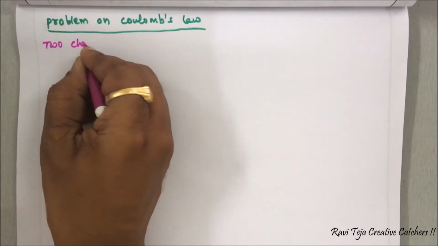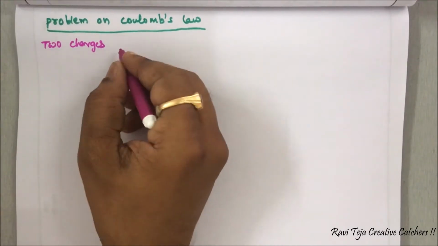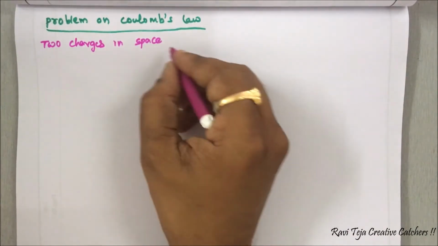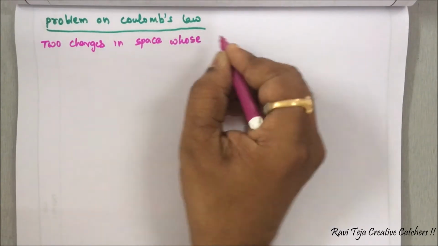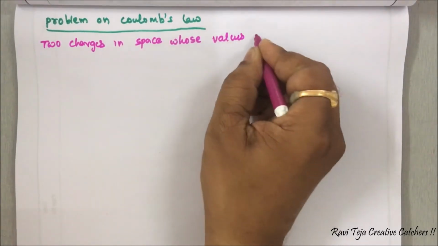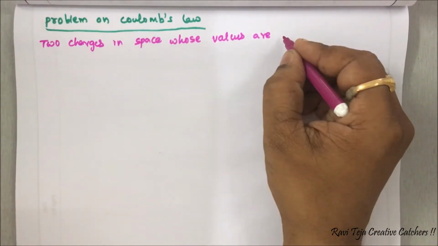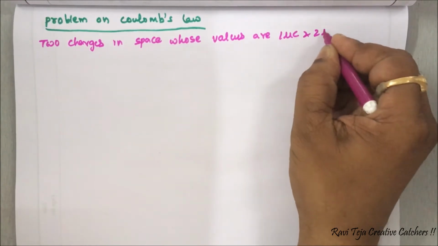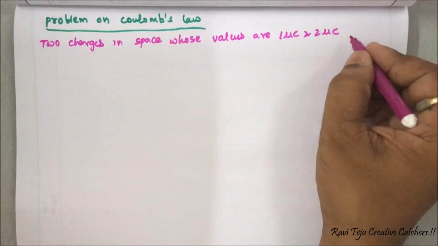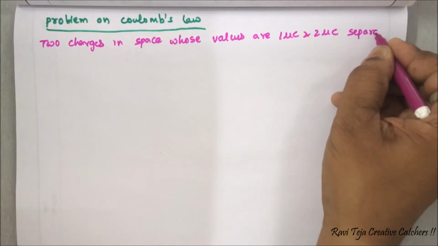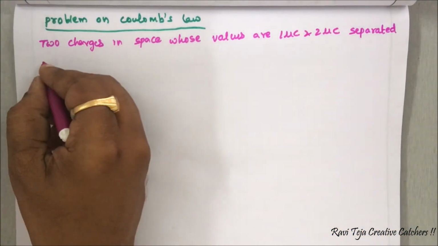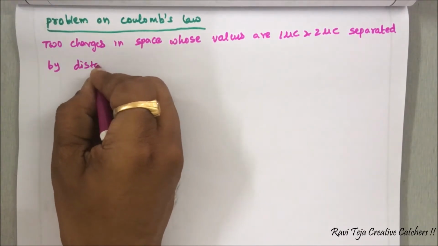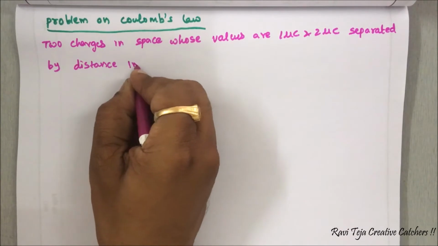Two charges in space whose values are 1 microcoulomb and 2 microcoulomb, which are separated by a distance of 1 meter.